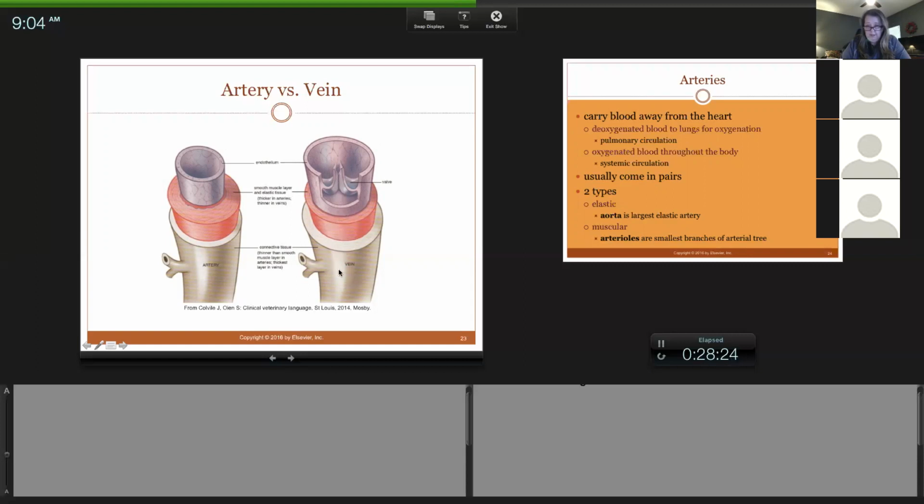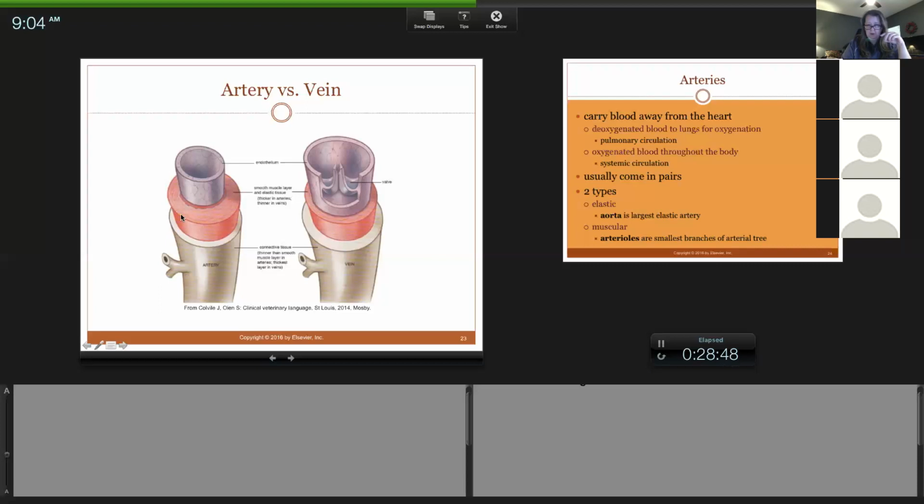So there's the connective tissue on the outside. There is a muscular layer, okay? And then you have the inner part, which is the endothelium, and has a valve. So when the heart is in diastole, the valves are kind of trying to prevent all that blood from going backwards, okay?